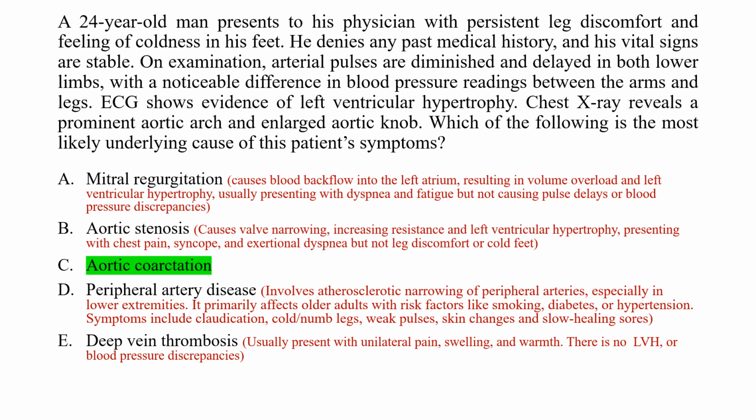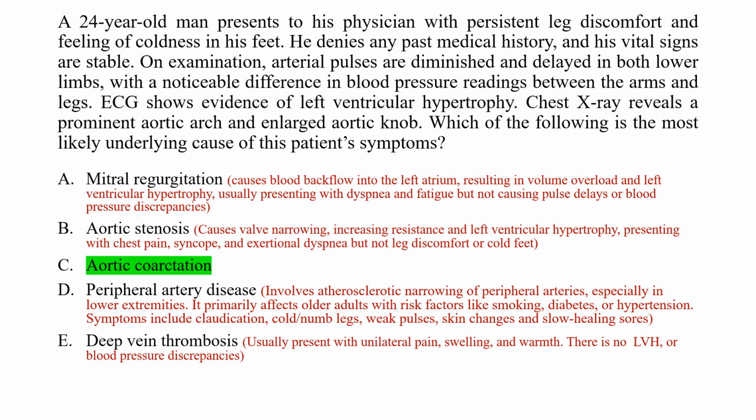Option B, aortic stenosis. It causes narrowing of the aortic valve, which increases resistance, leading to left ventricular hypertrophy. The symptoms include chest pain, syncope, and exertional dyspnea, and not leg cramps or cold feet.